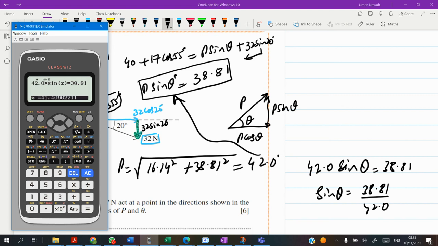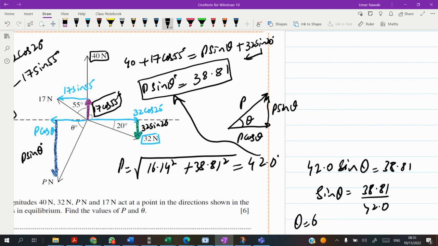Your guess is acute, which looks sensible. 67.5. So theta is 67.5, and the value of p is 42.0.